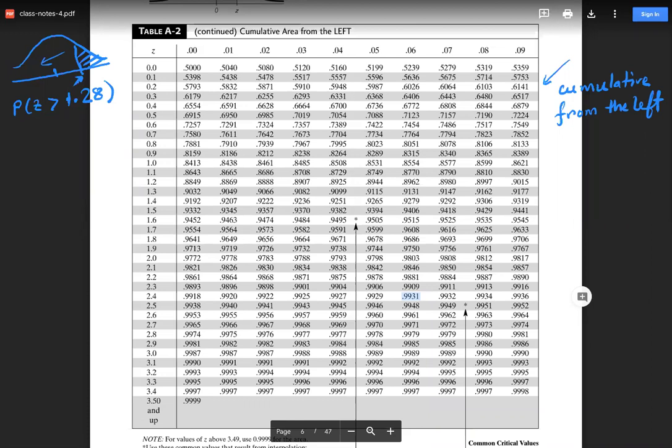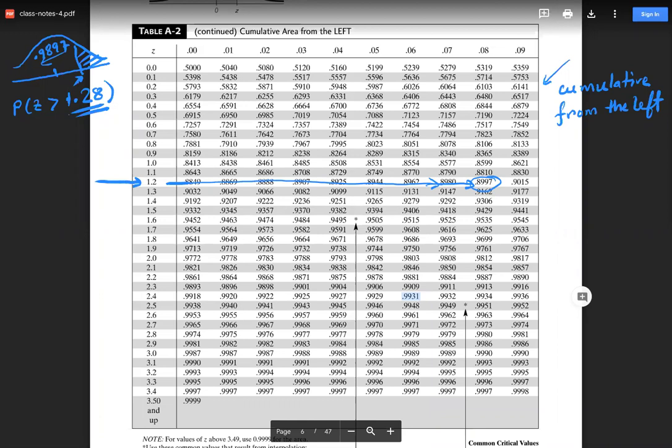Now look, if we look at 1.28, so where is my 1? Well, I mean 1.2, right here. 1.28 is going to be right here. Oops, not here, sorry. Right here, right? 0.9897. That's going to be the area to the left. But I don't want that area. I want the area to the right.